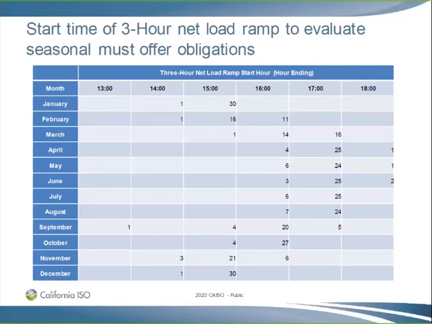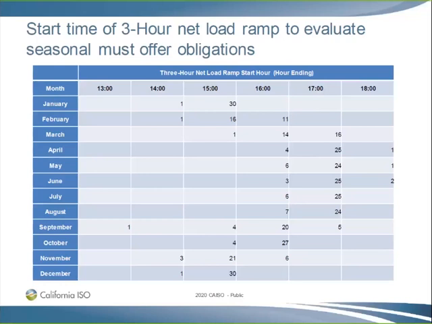Then we use that information to get the most obligation hours, which is pretty much the starting hour plus 5 hours from the starting hour. So basically you have a 3-hour ramp since your ramp started.